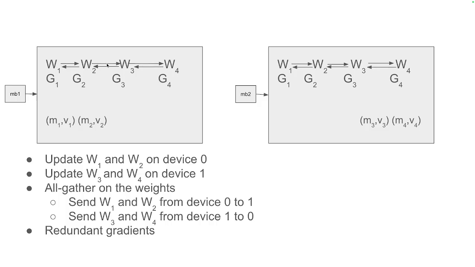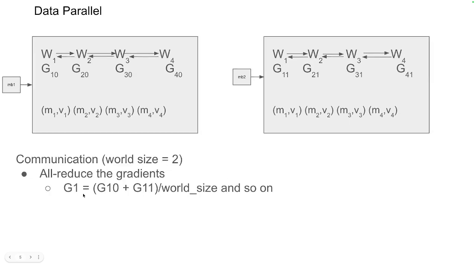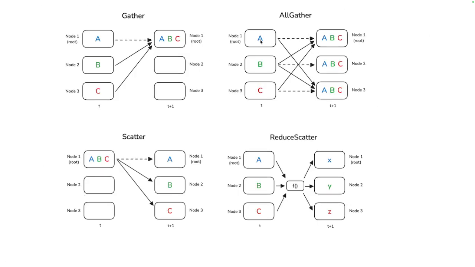Then on this device W3 and W4 are now stale because they are not updated, since you don't have the optimizer states. So now you have to do this communication pattern called all gather. If you remember, I can go back to all gather here. Drawing a parallel to our example, you have W1 and W2, and you have W3 and W4.